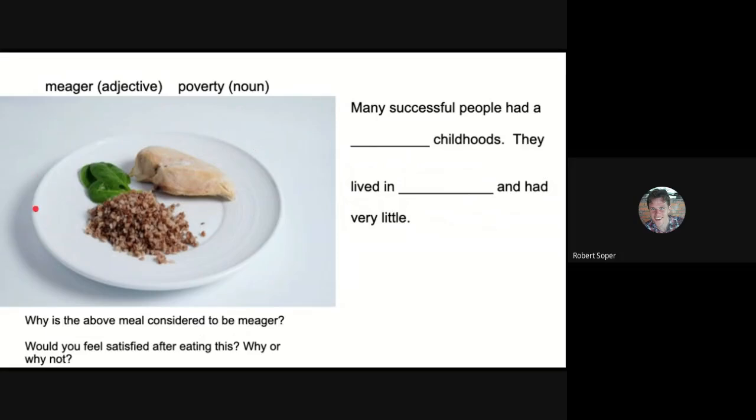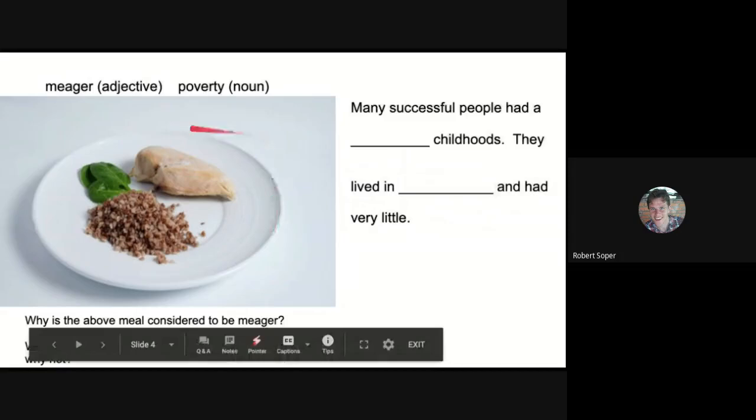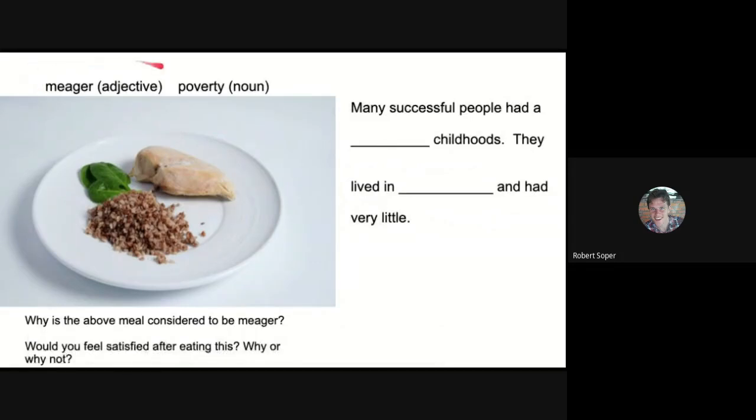Well, the answer is that this meal is considered to be meager because it is sparse. There is a poor amount of food. In other words, there isn't a lot of food on this plate. And remember, meager means to be poor or to have a sparse amount. Okay?